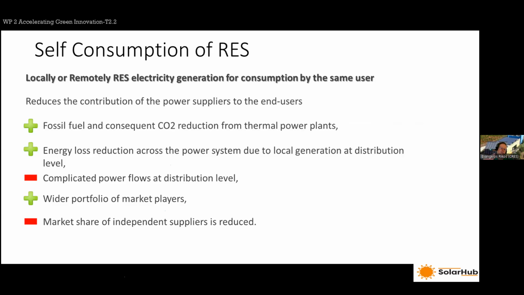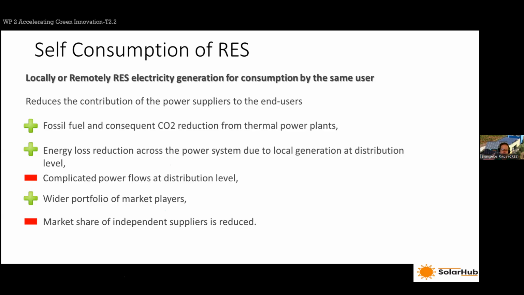So, first of all, what we mean by self-consumption of renewable energy sources, and in particular photovoltaics, is the local generation of electricity, or remote in some cases is also possible, but mostly local, and instantaneous consumption by the same user, for the energy needs of the user itself, for the farmer, for the crops, for example.